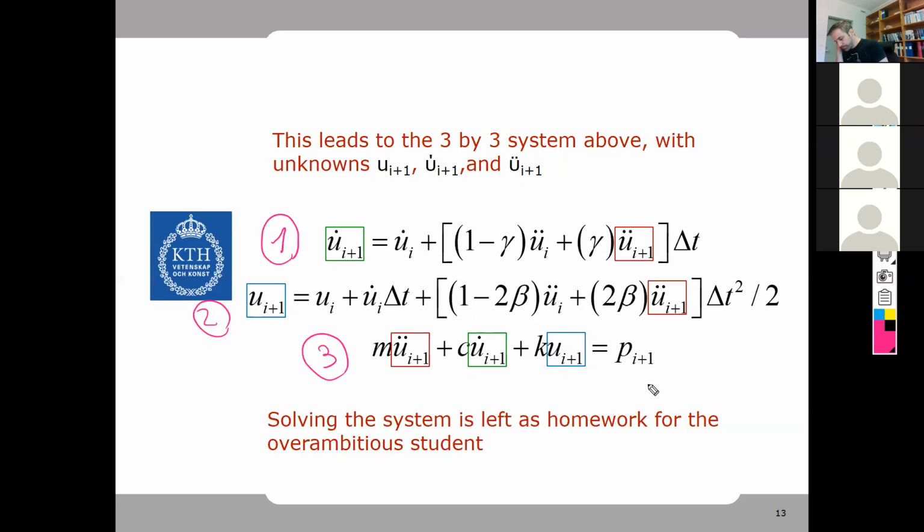As you can see, in the equation of motion that we're satisfying, all the indices are i plus 1. And it's this that makes this method implicit, okay?